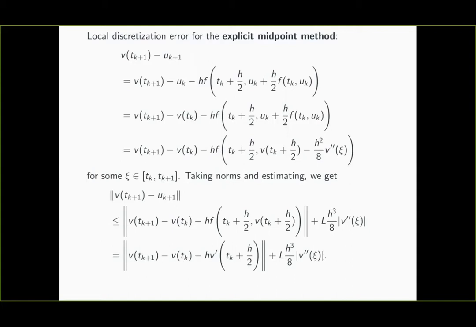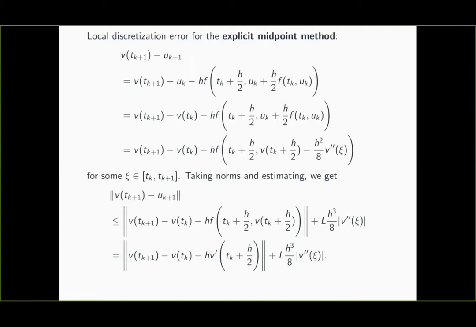At this point we use that f satisfies our continuity condition. So we take norms of the local discretization error. So we take a look at the Euclidean norm of the magnitude of v(t_k+1) minus u_k+1.